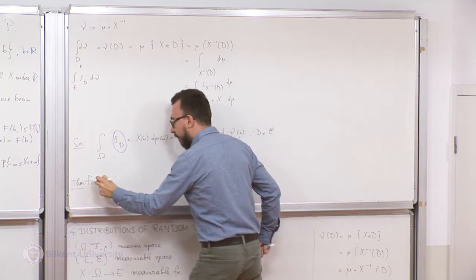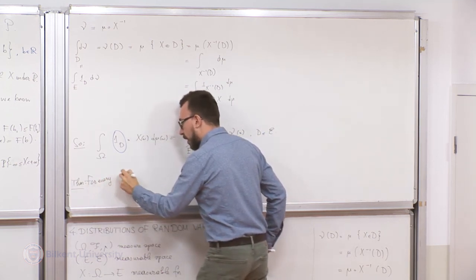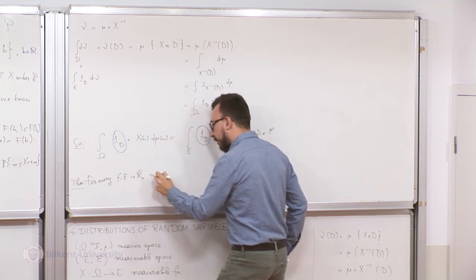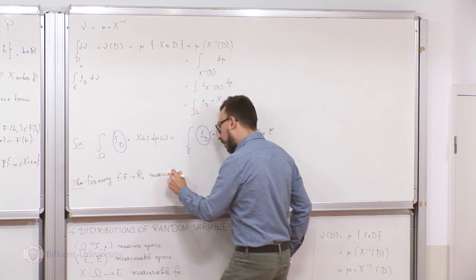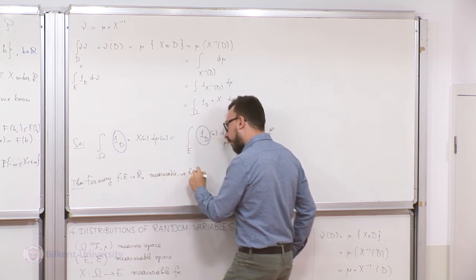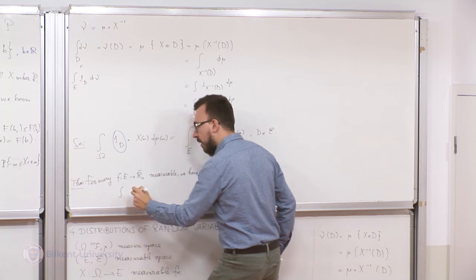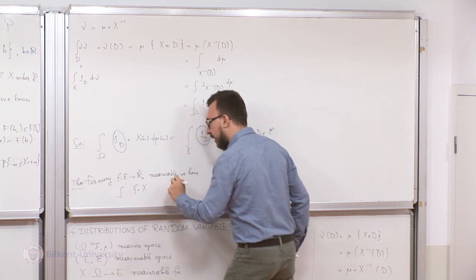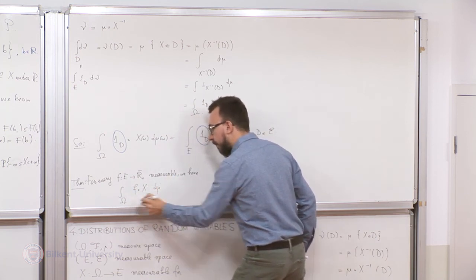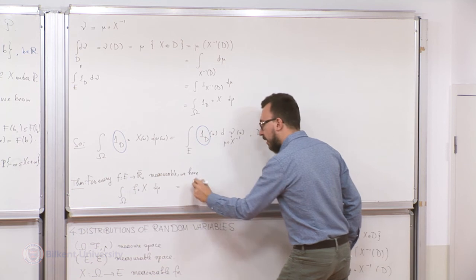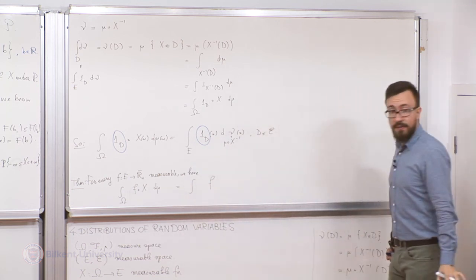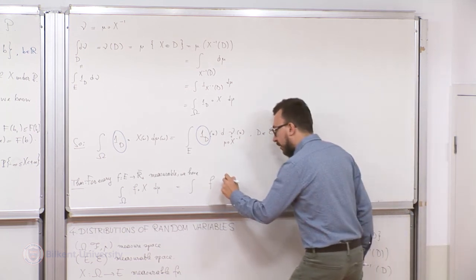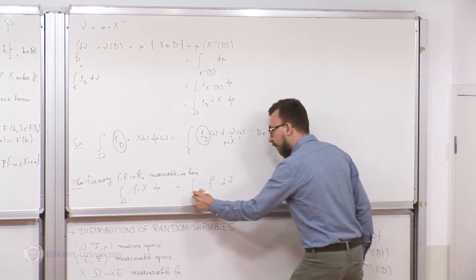For every f from E to R bar plus, measurable, we have that the integral of f applied to X, d mu, is equal to the integral of f, just this numerical function f, with respect to the measure nu.